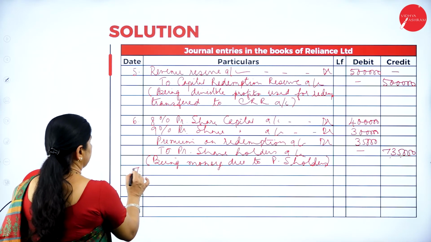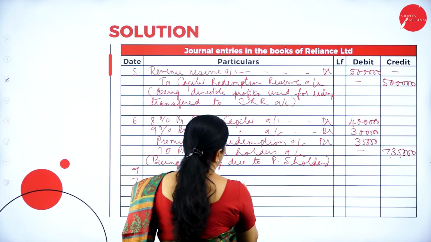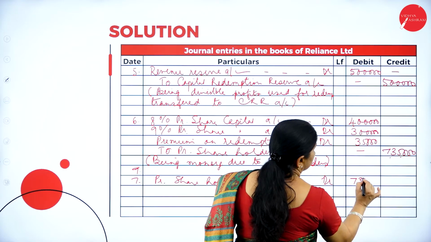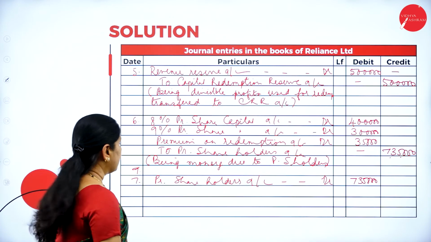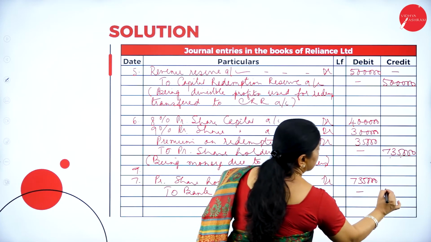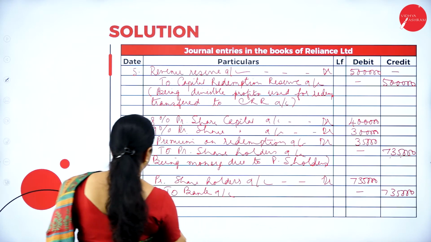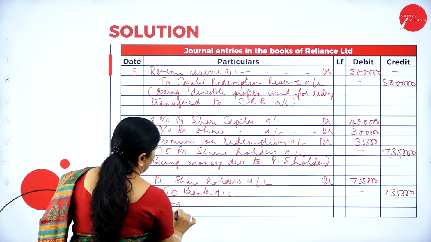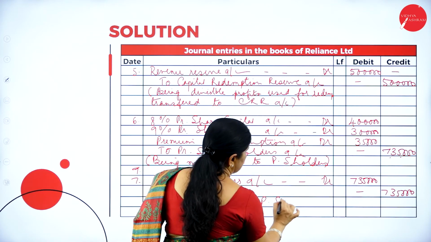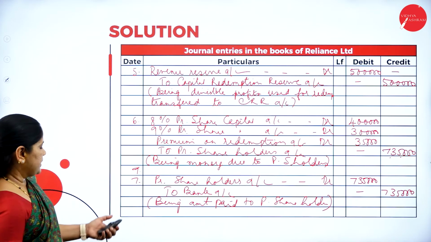The next one will be preference shareholders account debtor 7,35,000 to bank account 7,35,000 being amount paid to preference shareholders. So this is the money paid to preference shareholders.